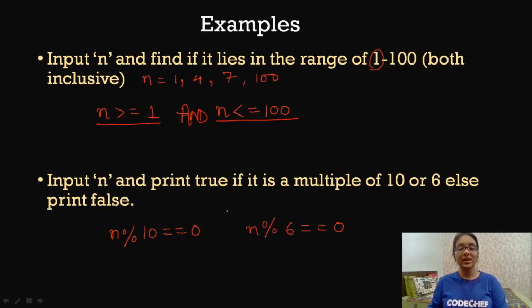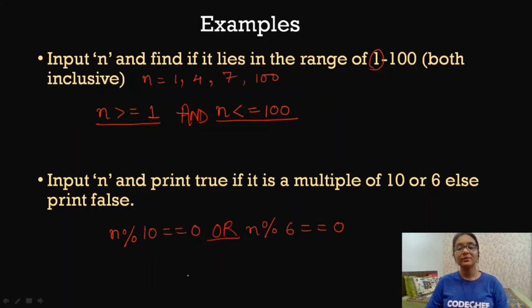Even if one condition is true, meaning one of the divisibility checks comes out to be true, then in that case the answer will be true. So according to the logical operators, when we use an OR operator, even if one condition is true, the complete answer will be true. So here we are going to use the OR operator. This is how we decide which logical operator should be used.